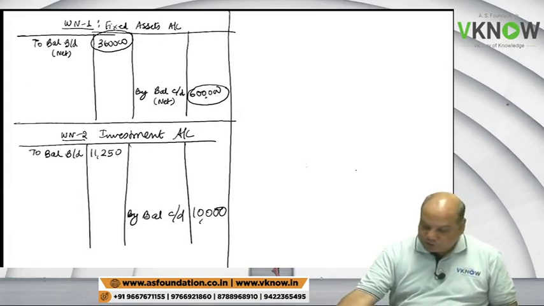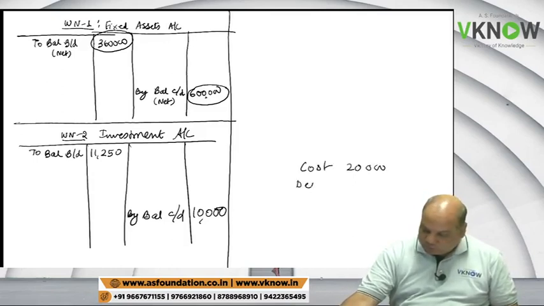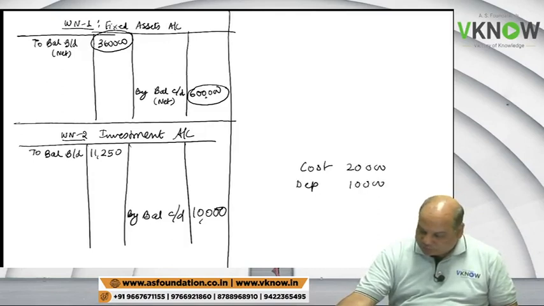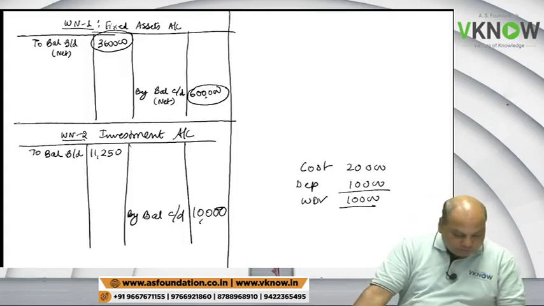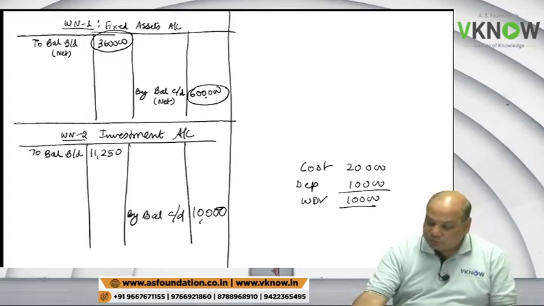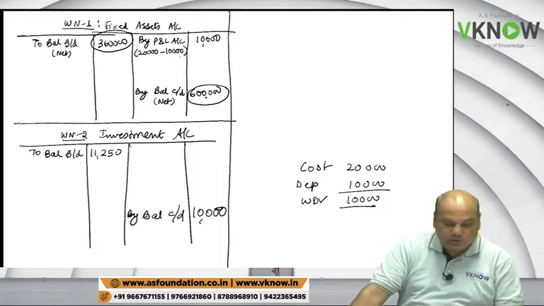Machine costing rupees 20,000, which was 50% depreciated, means the WDV of the machine which is sold is 10,000, was written off in 2010-11. So fixed asset account credit side, by P&L account 10,000, 20,000 minus 10,000.